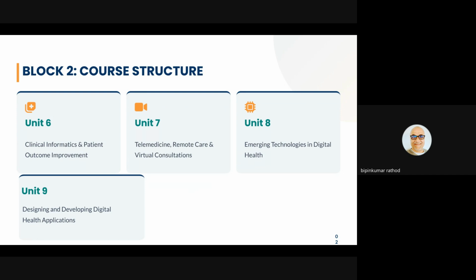In emerging technology in digital health, we look at the various emerging technologies that we are bringing into the digital health domain. And in Unit 9, we will cover how we design, develop, implement, evaluate and audit different kinds of digital health applications.